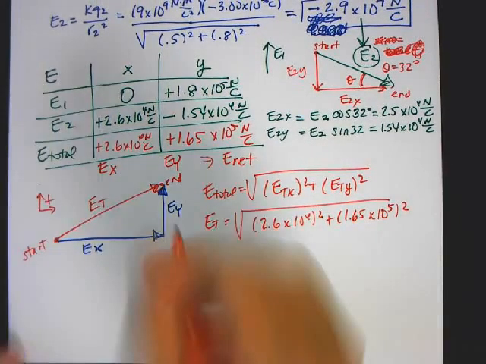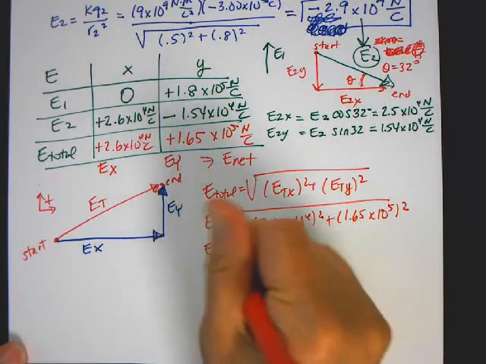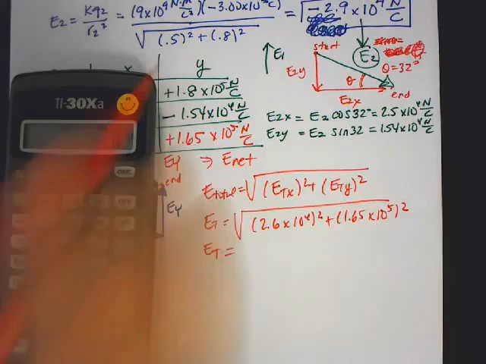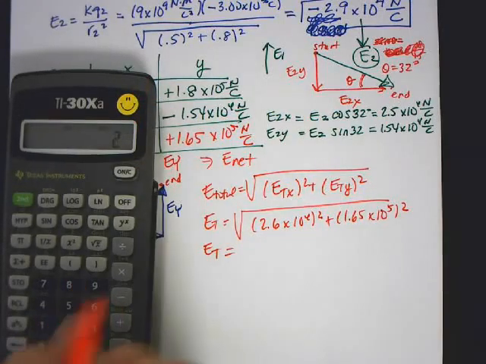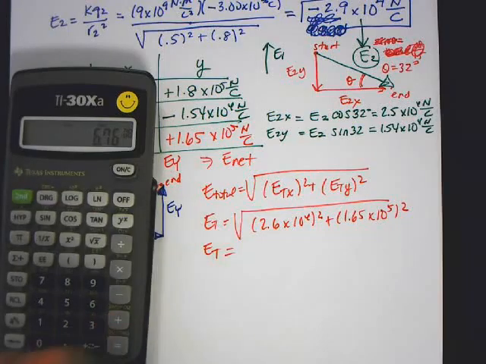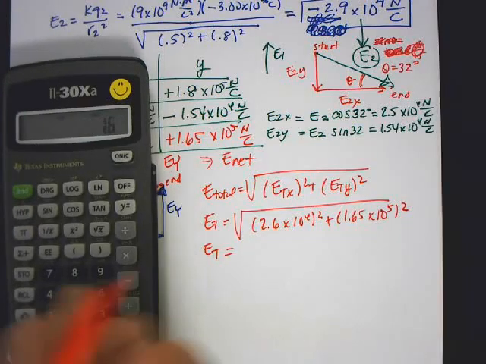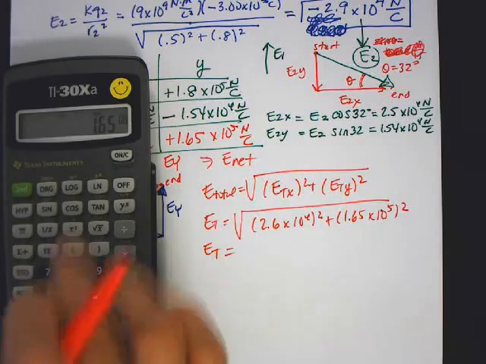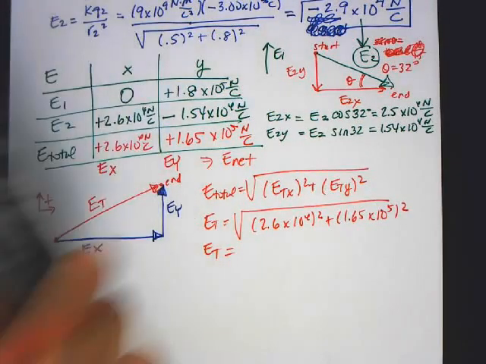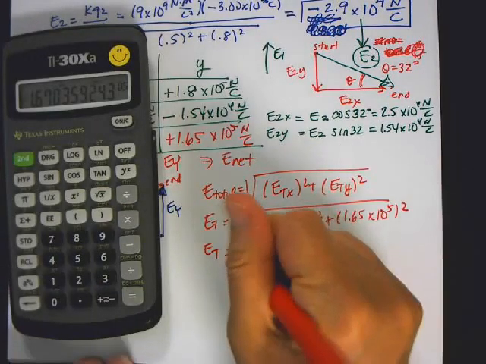So now on my calculator, 2.6 EE4 squared plus 1.65 EE5 squared equals square root. So it comes out to be 1.67 times 10 to the 5 newtons per coulomb.